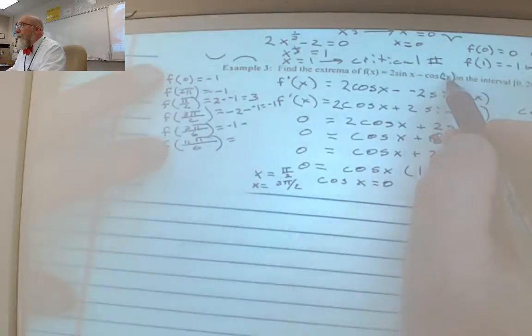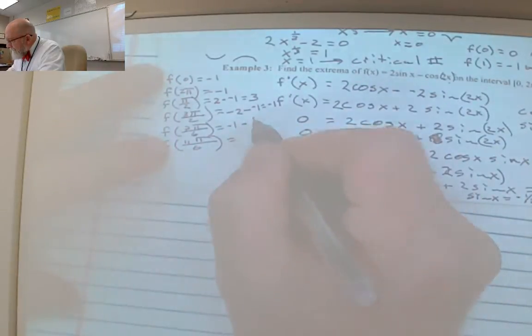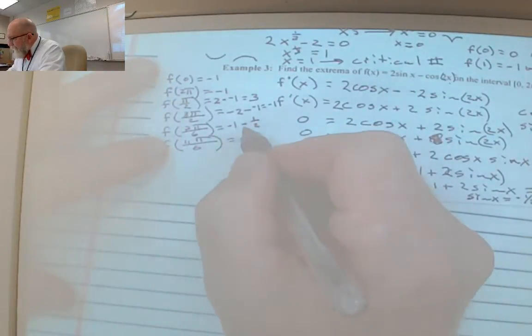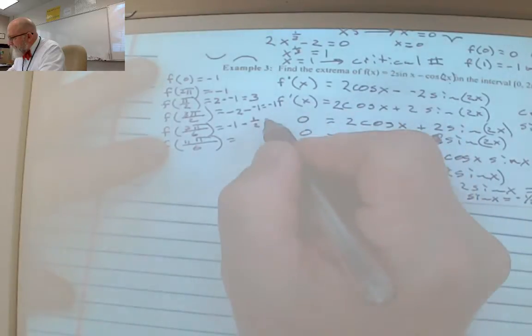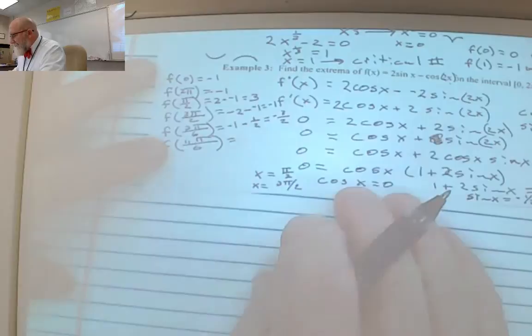So 7 pi over 3 is exactly like pi over 3. What's the cosine of pi over 3? Anybody know? One half. So what's a negative 1 minus 1/2? I get a negative 1 and 1/2, or negative 3/2.